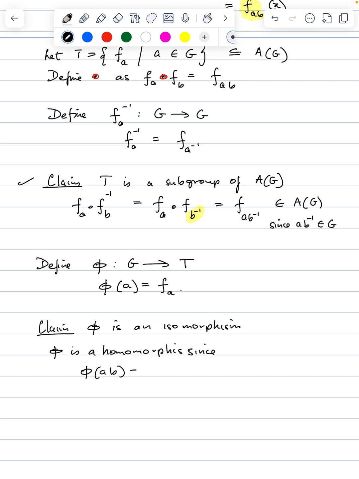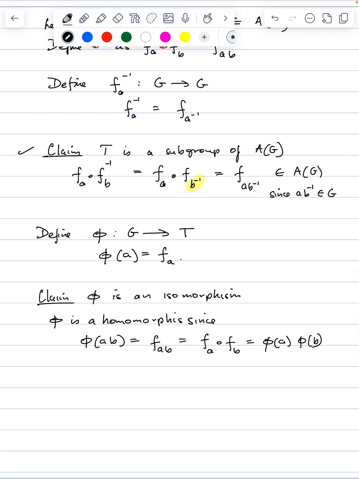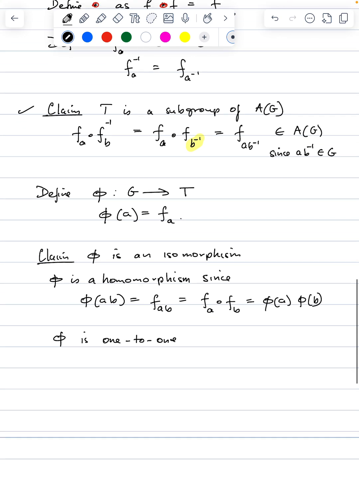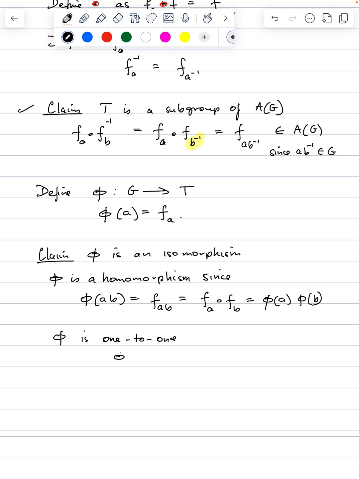Phi of AB is equal to F subscript AB, and that's F subscript A dot F subscript B, and that is phi of A, phi of B. All right? So that takes care of homomorphism. Next, we will show that phi is one-to-one. Phi of A equals phi of B implies F_A equals F_B.